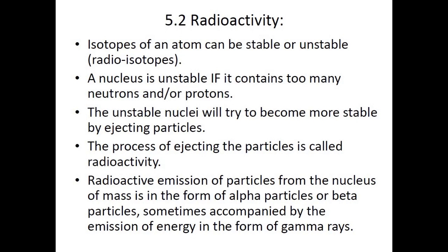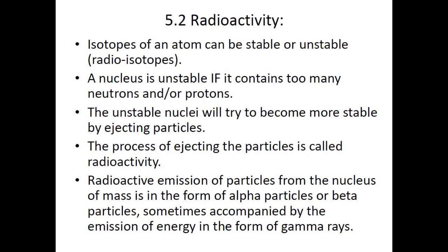A nucleus is unstable if it contains too many neutrons or protons. In that case, the unstable nucleus will try to become more stable by ejecting particles out of it. This process is known as radioactivity. So radioactivity is the process when an unstable nucleus tries to balance itself out, by emitting or ejecting particles.